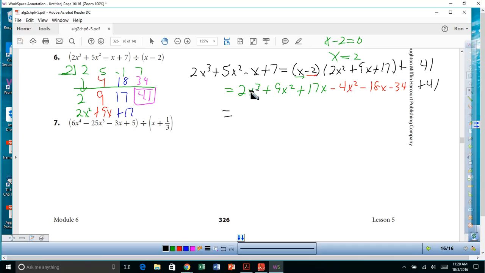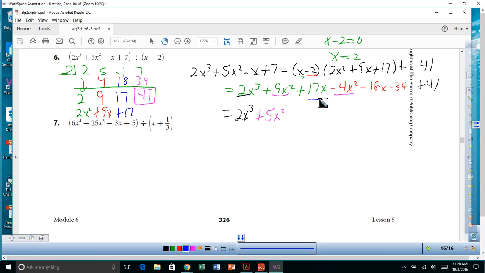All right. So 2x cubed. Are there any other x cubes? I don't see any other x cubes. So we got that 2x cubed. You got 9x squared, and you got minus 4x squared. Any other x squareds? So that's going to give you plus 5x squared.